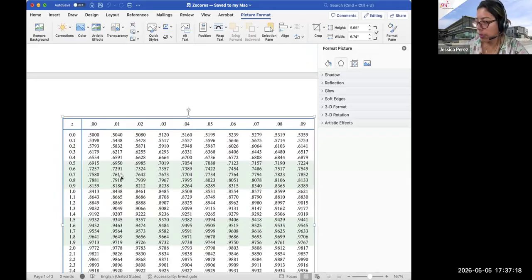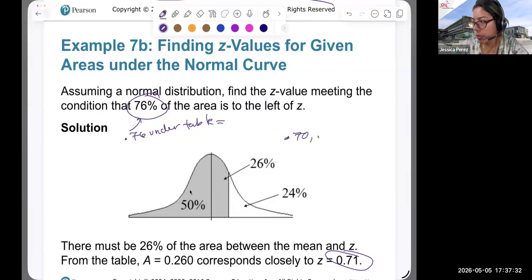So we're going to be rounding this to 0.71. It's in between 0.70 and 0.71, so we always round up.